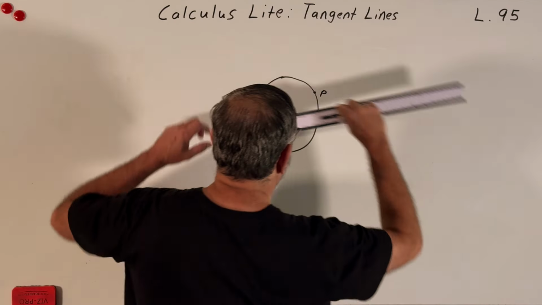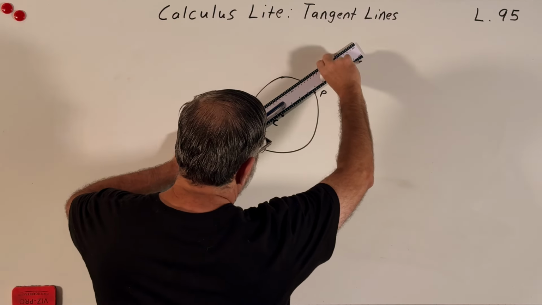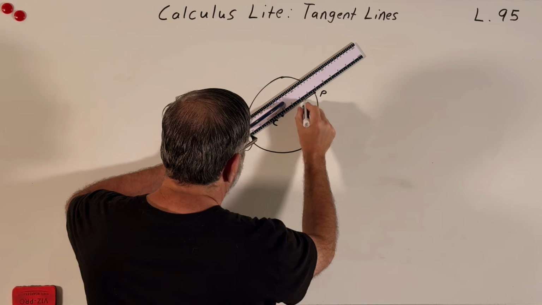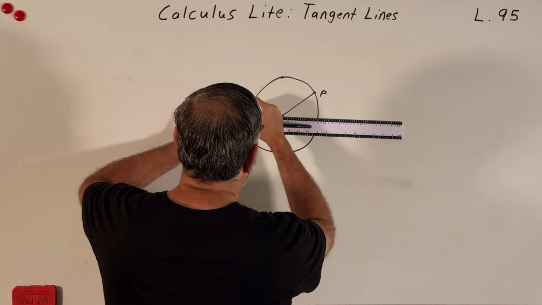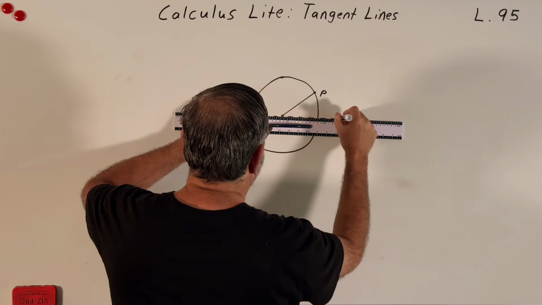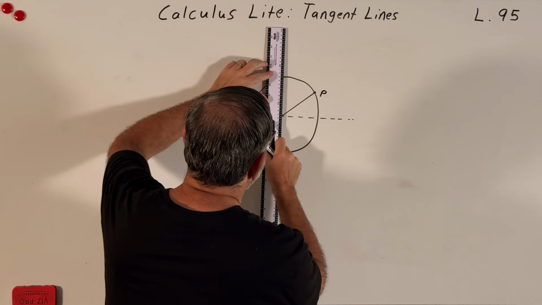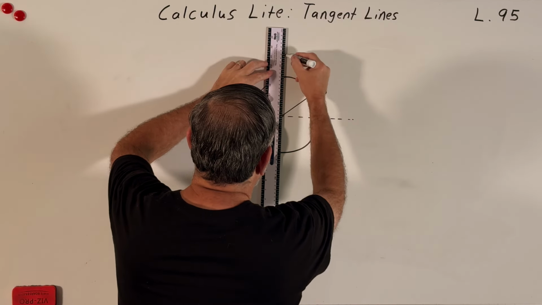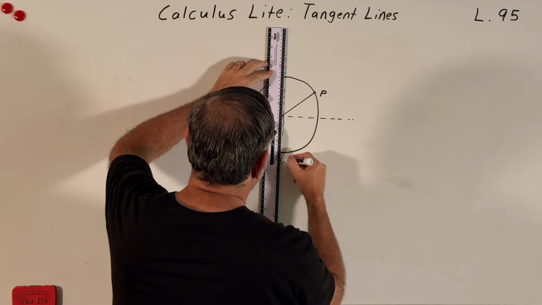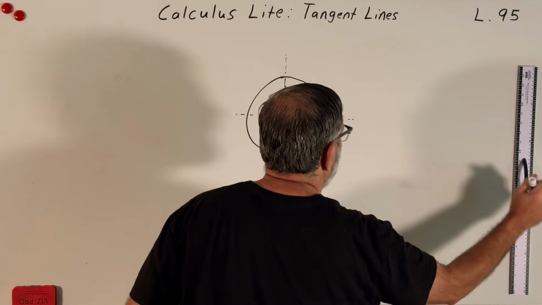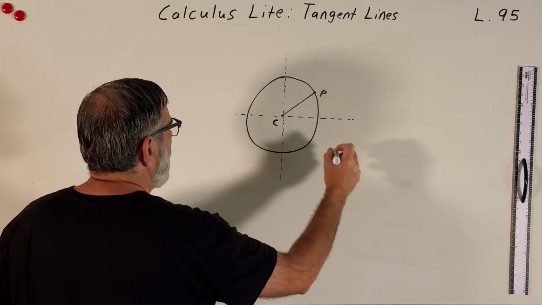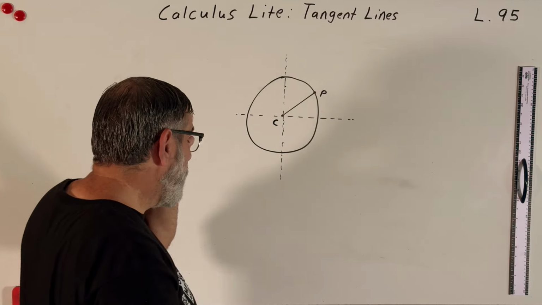I guess I could use my fancy whiteboard ruler. And I'm also going to put some orthogonal axes on here as well. There we go. And why did I do that?